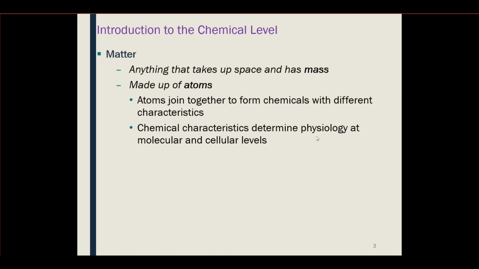Physiology means the function. So different chemicals have different chemical properties or characteristics. These different chemical characteristics determine the function at the cellular level. So chemistry is important to anatomy and physiology.